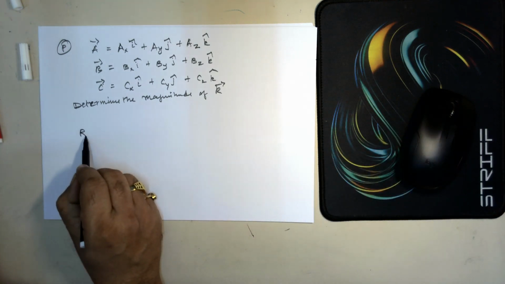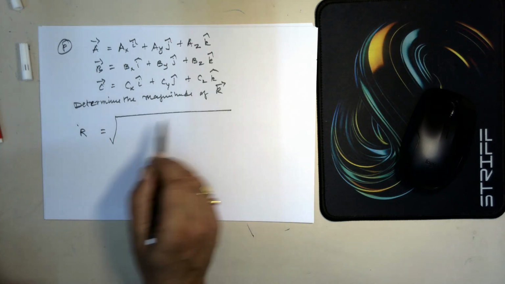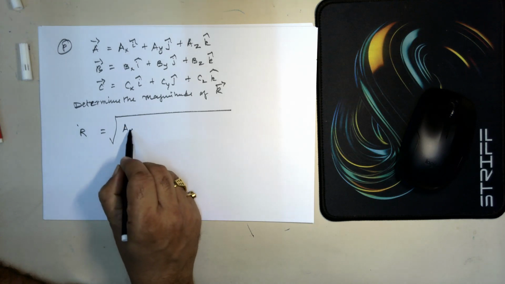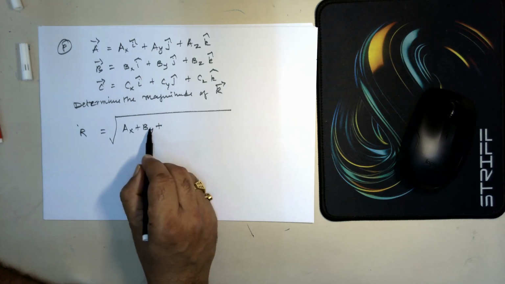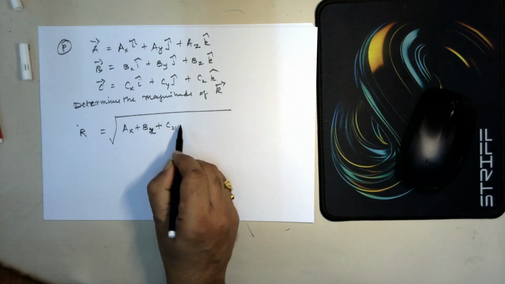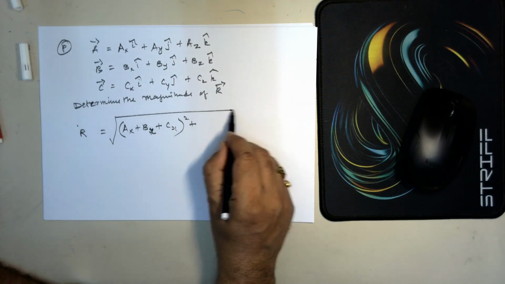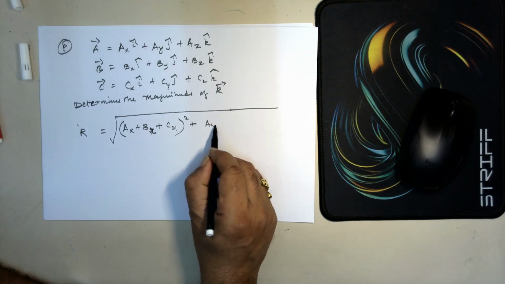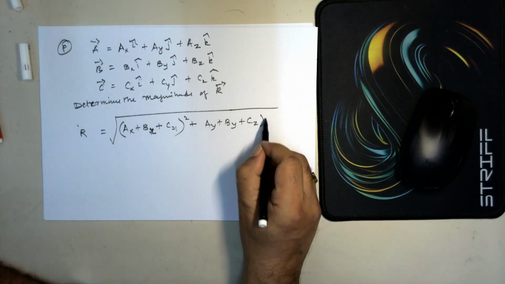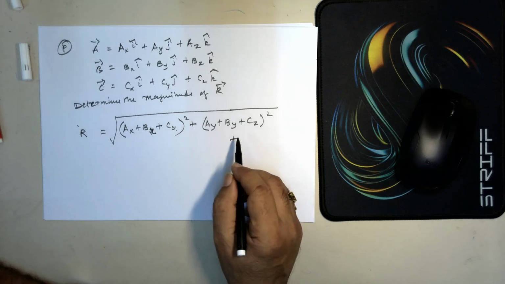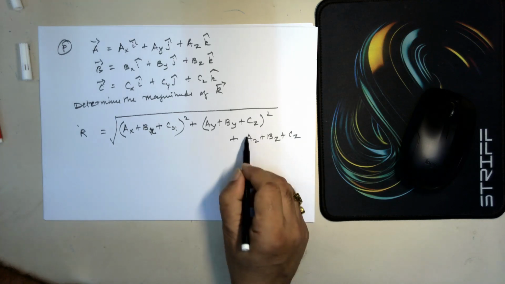So what we are supposed to do: the resultant vector is given by the whole square root of AX plus BX plus CX, whole square, plus similarly AY plus BY plus CY whole square, and then AZ plus BZ plus CZ whole square.